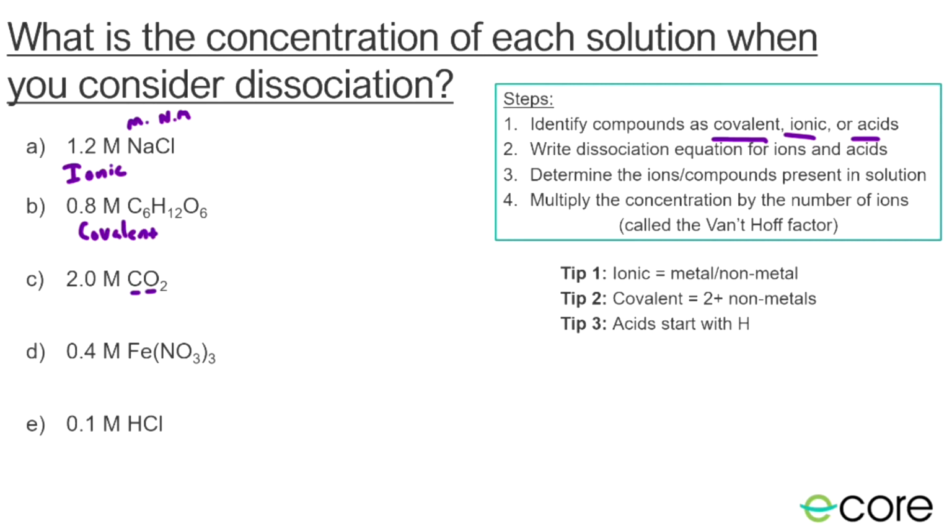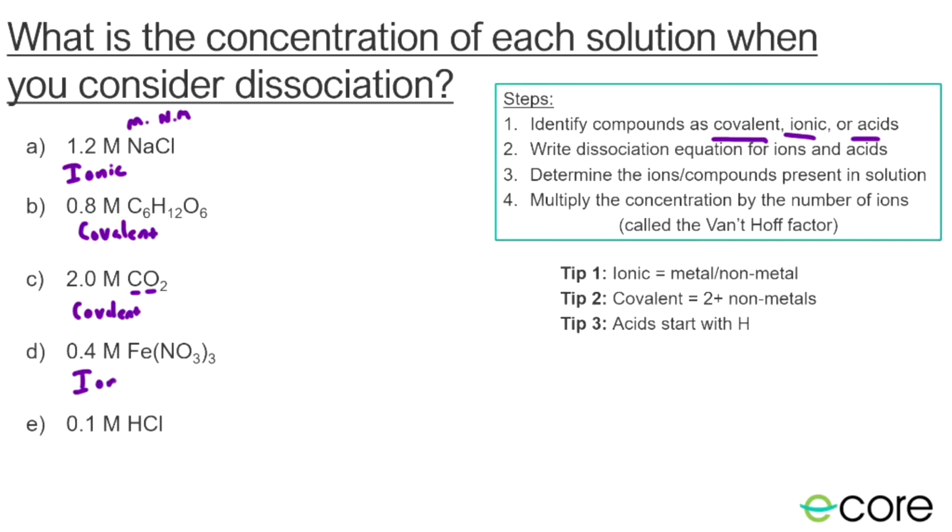Now, if you're not able to see that, that's okay. You just need to pick out a periodic table when you're doing these problems on your own to make sure that you can identify them as either a metal or a nonmetal, just by their position in the periodic table, like we talked about earlier. So CO2 turns out then also to be a covalent compound. All right, iron nitrate. Well, iron clearly a metal, and nitrogen and oxygen nonmetals. And so that makes that an ionic compound.